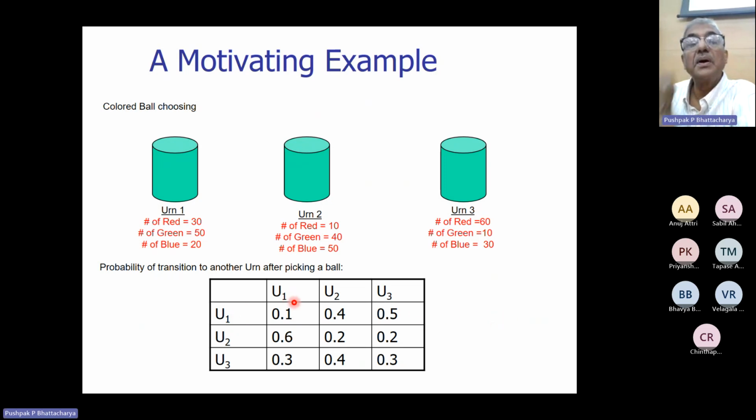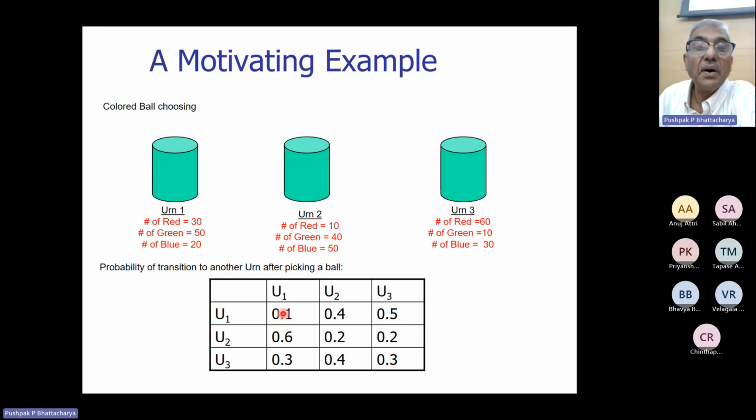So probability of U1 given U1 plus probability of U2 given U1 plus probability of U3 given U1 must be equal to 1. Column probabilities need not sum to 1. It happens to be so in this particular case, but the column probabilities do not necessarily sum to 1. Let's not have that misconception.